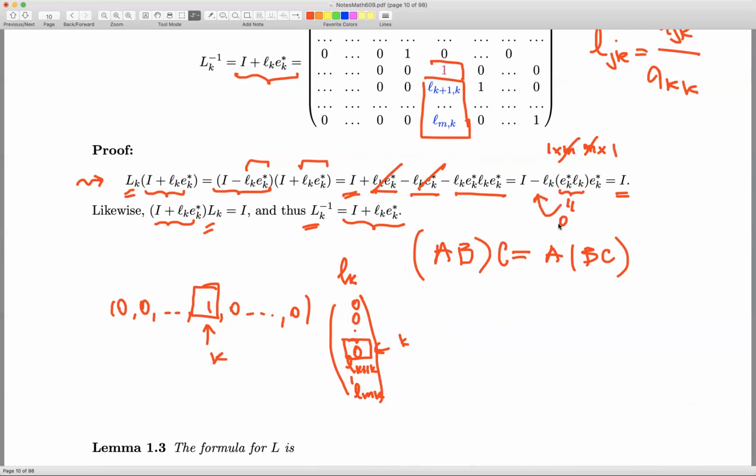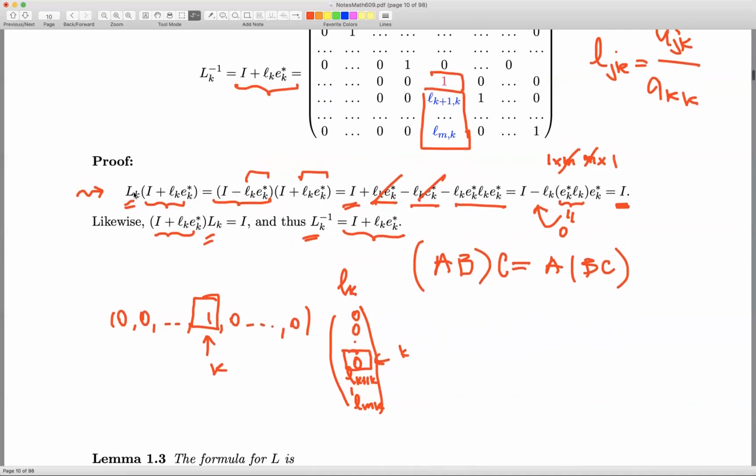And therefore, I will have the number 0 multiplied by some matrix, which will give me the zero matrix. And therefore, the result is the identity, which gives me that indeed the matrix L_K multiplied by this matrix is the identity. In a similar way, one can show that this matrix times L_K is equal to the identity, and therefore a simple formula for finding the inverse of the matrix L_K is this formula.